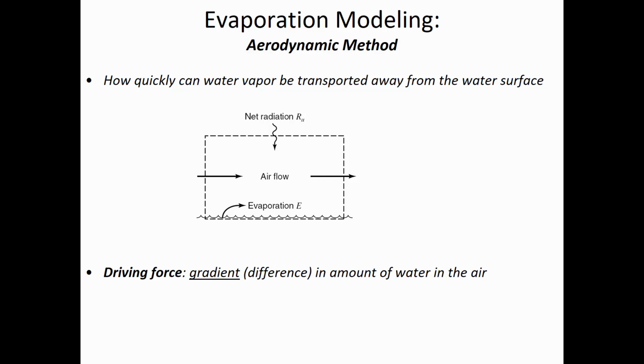I guess one way to think about it is, has anybody here fasted for a couple of days before? Okay. When your stomach is completely empty, you have the ability to eat really quickly because the gradient between how full your stomach is and how full it can be is large. But then when you're filling up, the rate of intake decreases. You're not going to be eating as fast when you're almost full.